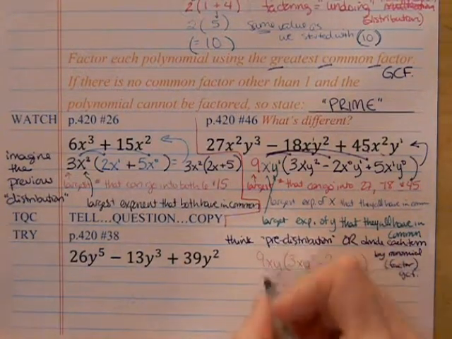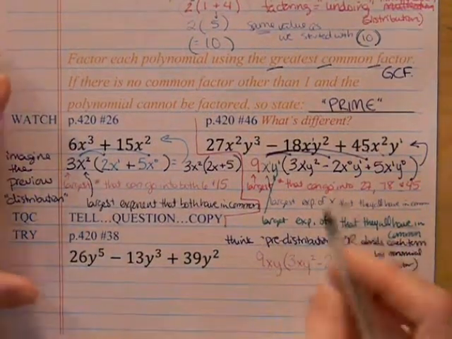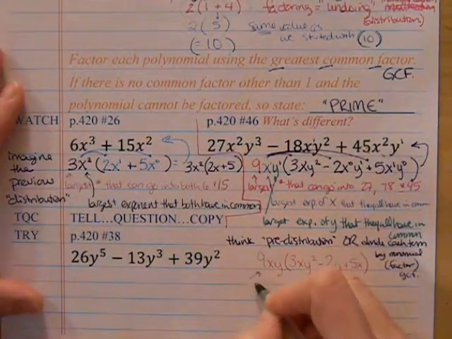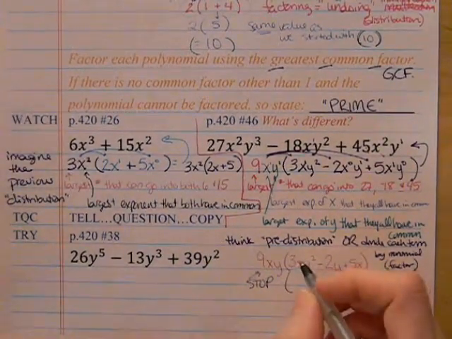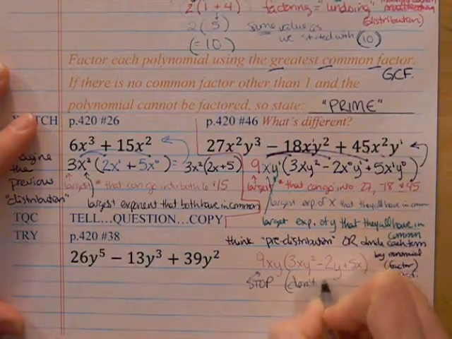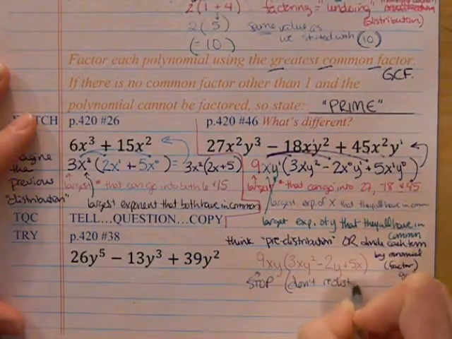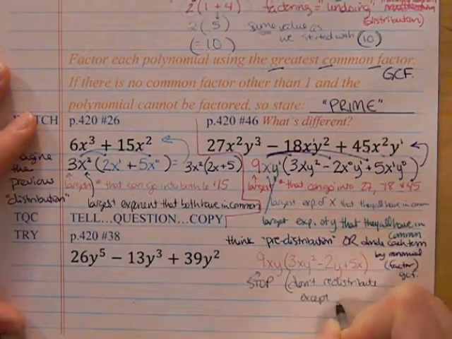And another thing you might want to note is it's very tempting now, as we factor, to see this and think, oh, I should distribute, okay? So you need to stop. Don't redistribute, except if you're just trying to mentally check.